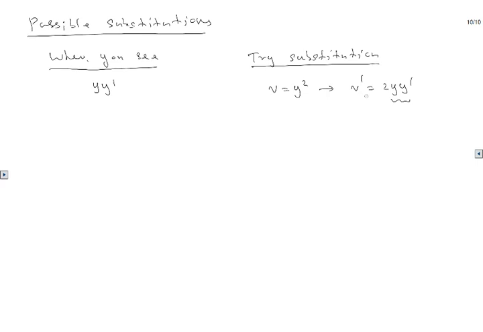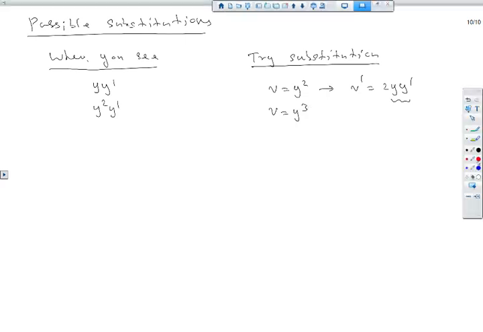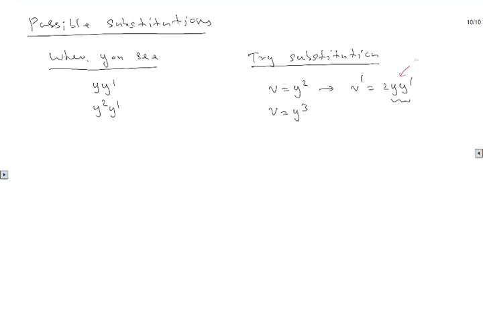Good. And then when you see y squared y prime, we're going to say v equal y cubed. We just saw that. And if you forget, this is coming from the chain rule.